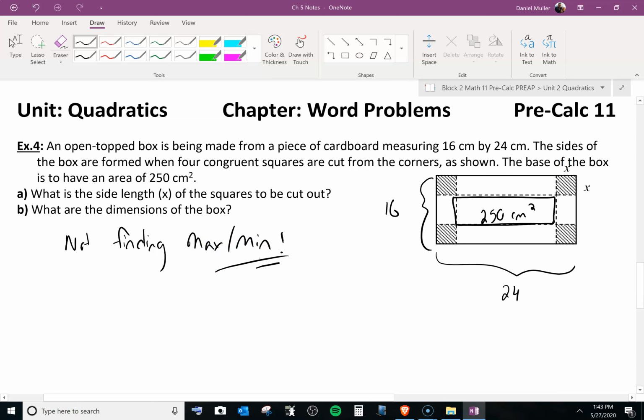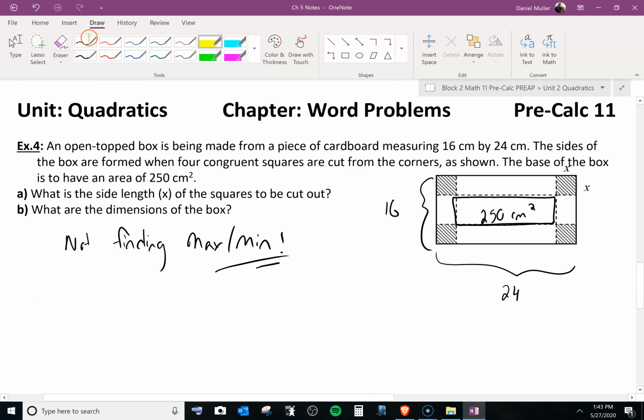So when this was titled Max and Min and Other Word Problems, this is the other. We already know the area. The area is 250. So we're just trying to find out what it asks for. Nowhere in here does it say the word maximum or minimum or largest. So this is completely different.